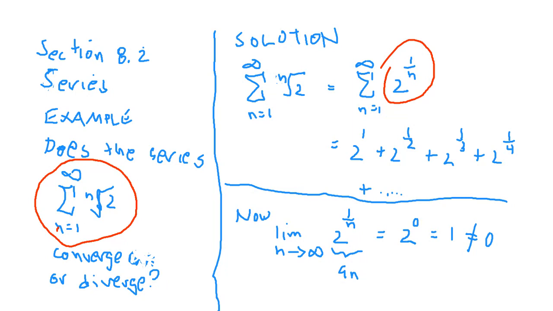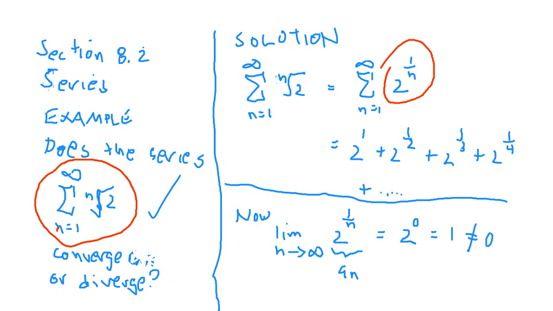So what's happening is when n is large, the terms of this series are essentially equal to 1. They're not getting smaller. They're essentially equal to 1.